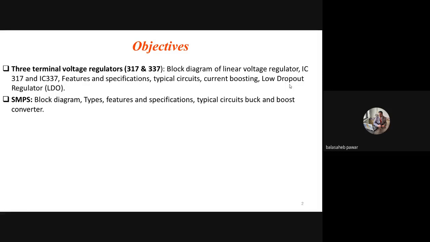So I want to just check. Zero. Yes, it should be 0%, right? Similarly, percentage line regulation should be 0%, and temperature stability should be as large as possible, right? Then and only then can we call that power supply a good power supply or regulated power supply.